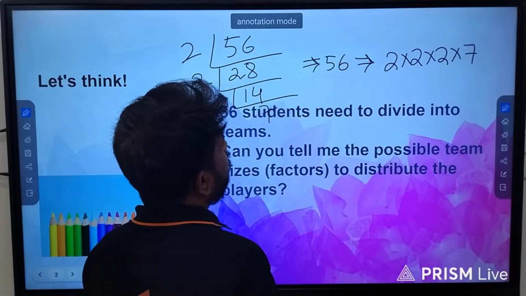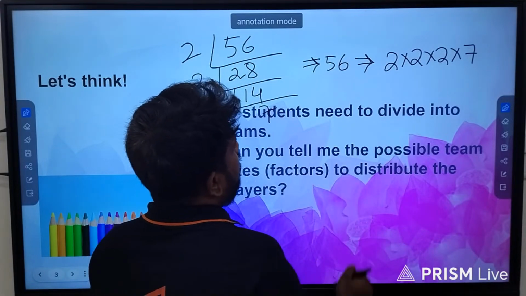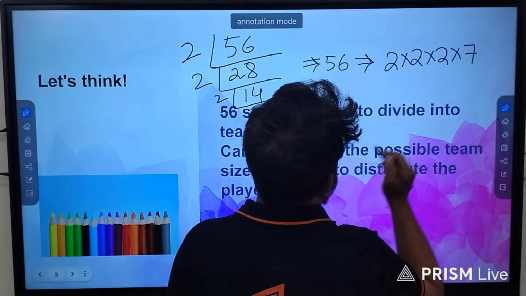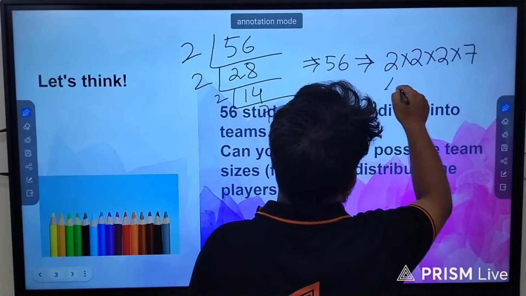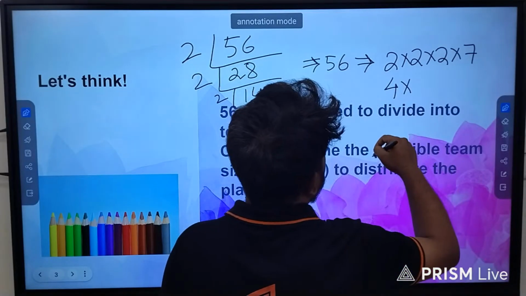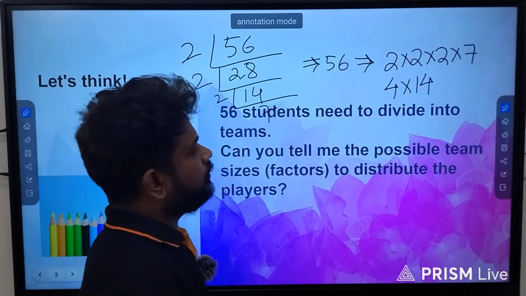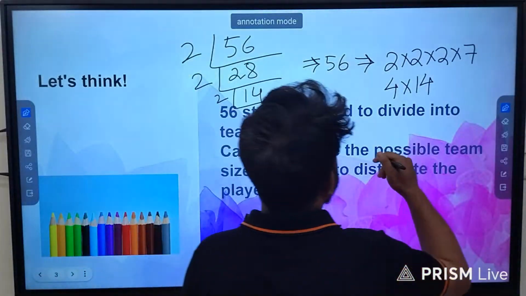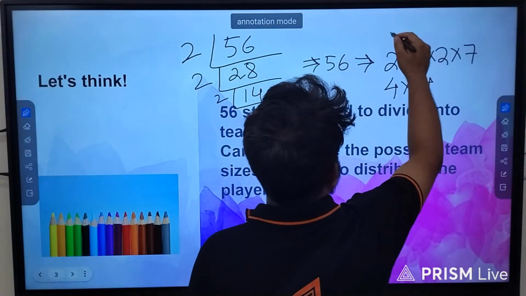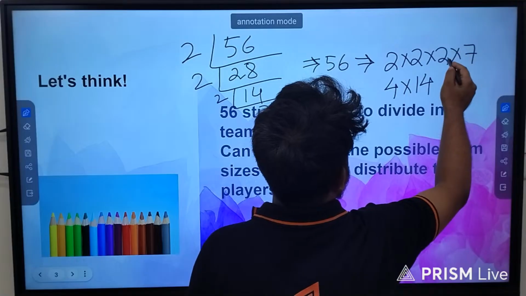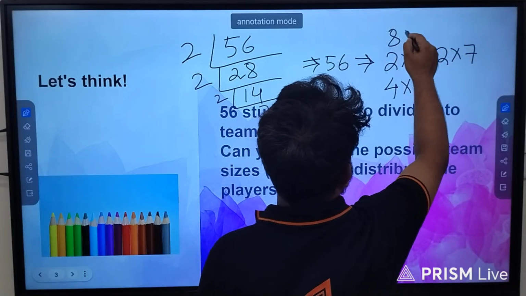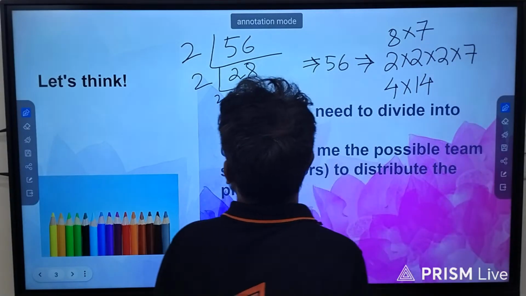Or if I take it differently, 4 into 14. Or I can write it as 8 into 7.